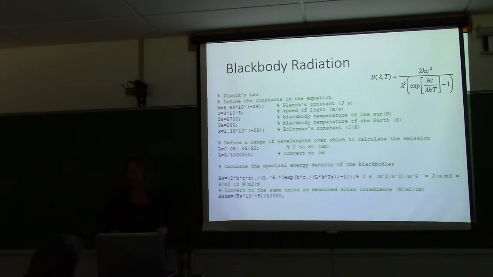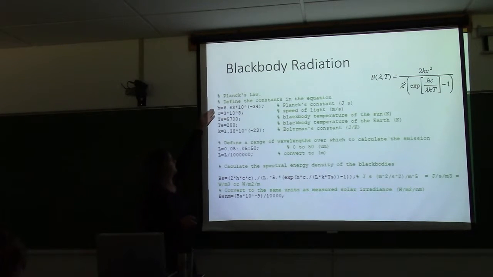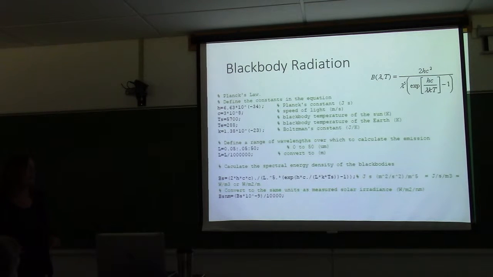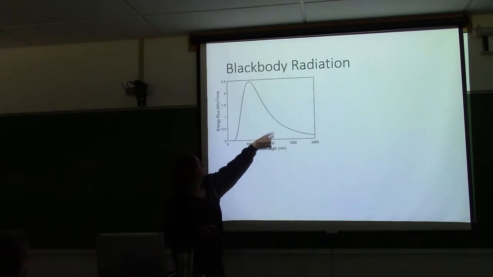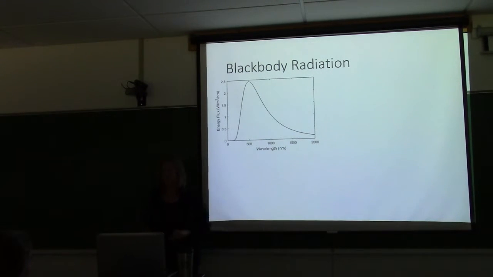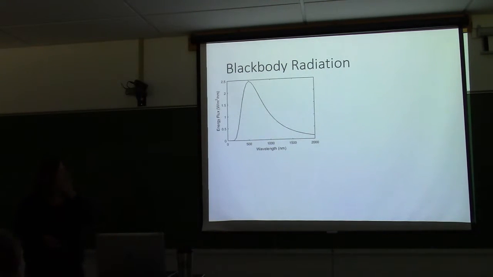So I have my undergraduates in one of my classes actually program up Planck's equation here, and you can put in all the different values and plot it out. It's just a good introduction to MATLAB and how you can put equations into MATLAB and then graph them. So that's lab 1. They predict the black body radiation using Planck's equation for the sun, and we scale it to what it would be at the surface of the Earth.